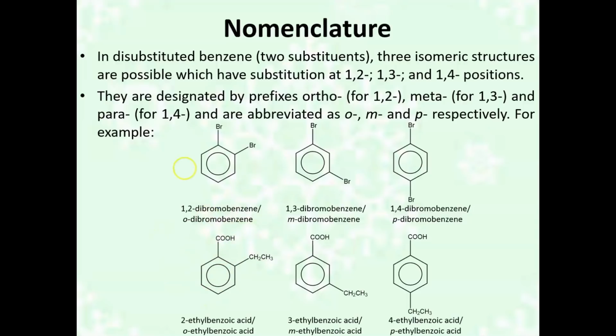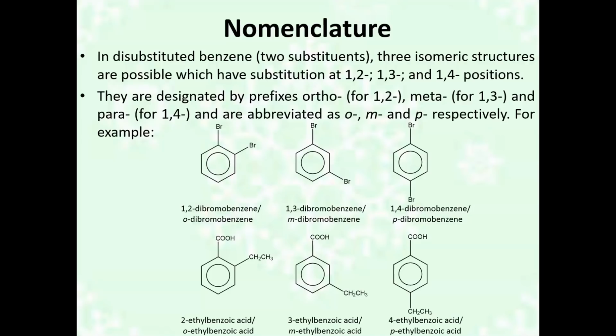So here is the carbon at position 1. That's why for the substituent CH2CH3, here is the carbon at position 2. Hence, the naming is 2-ethylbenzoic acid or o-ethylbenzoic acid. The o is referring to ortho.